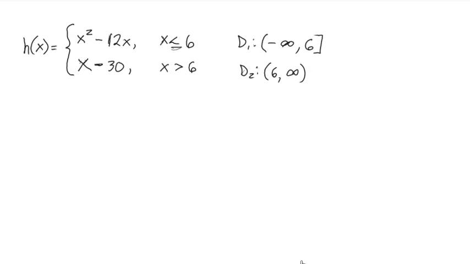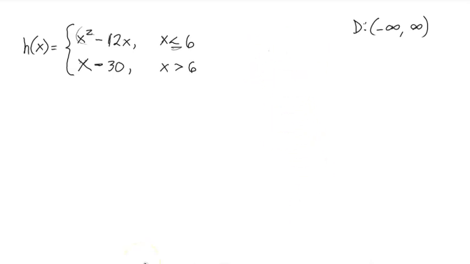And when we union these two together, this one includes 6 and this one starts at 6. Therefore, the domain of this whole function is actually negative infinity up to infinity. It includes every number, okay? So that was easy.